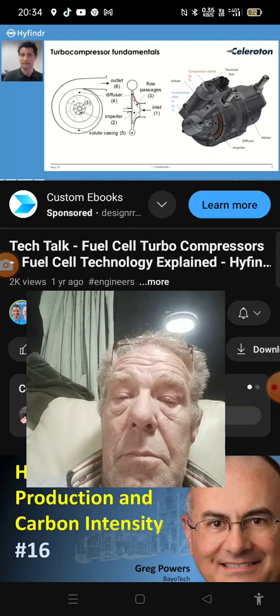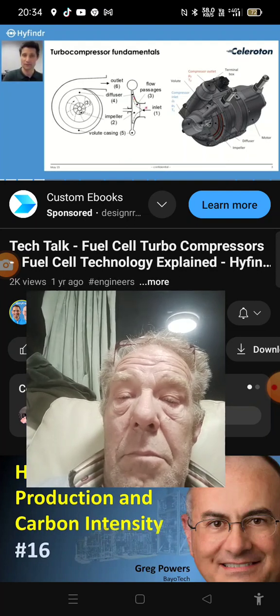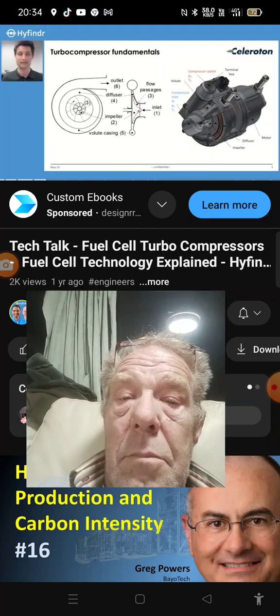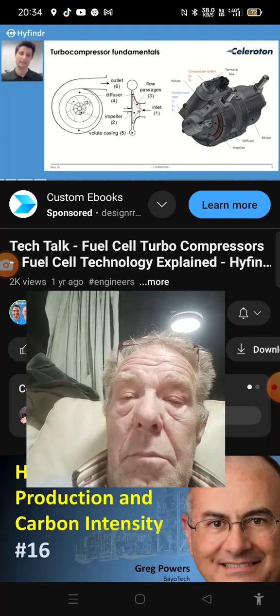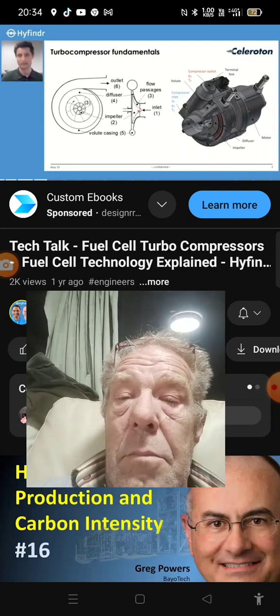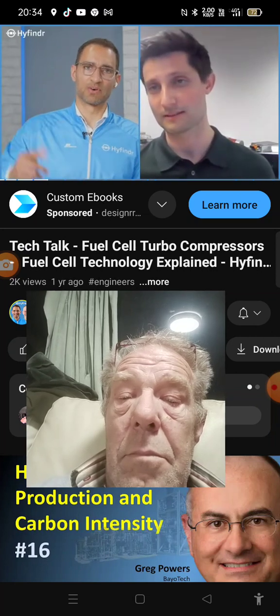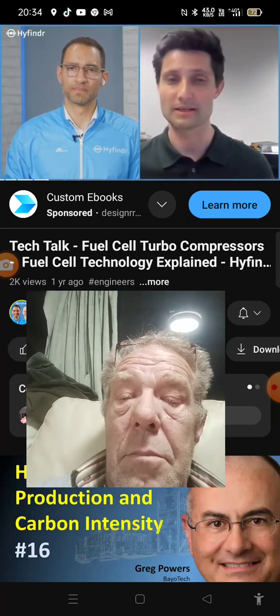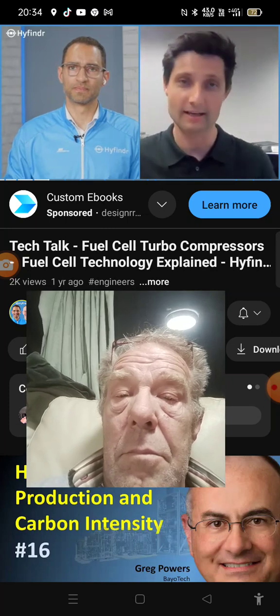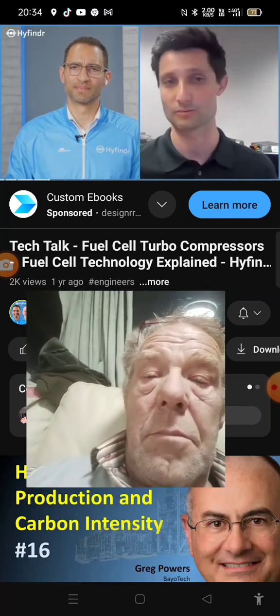Across this flow passage, which is created by the spiral casing, the outer contour, and the impeller, around 60% of the total pressure increase takes place. Okay, so as that spins, the pressure goes up. Correct. First of all, it changes the angular momentum and it increases the total pressure.